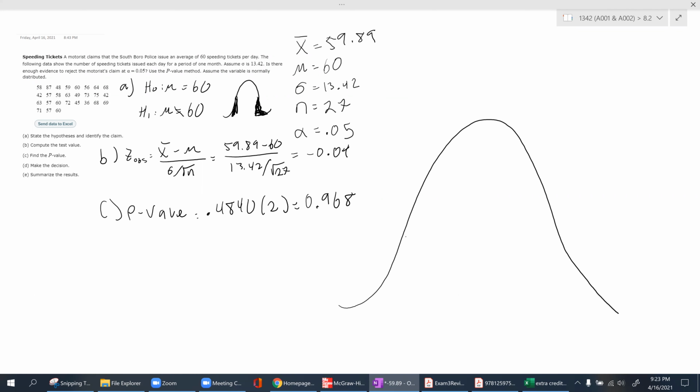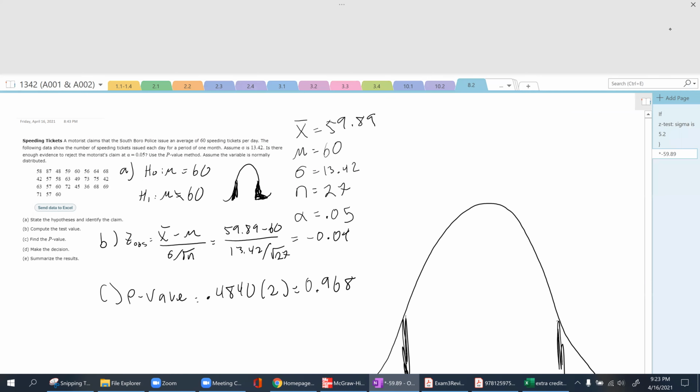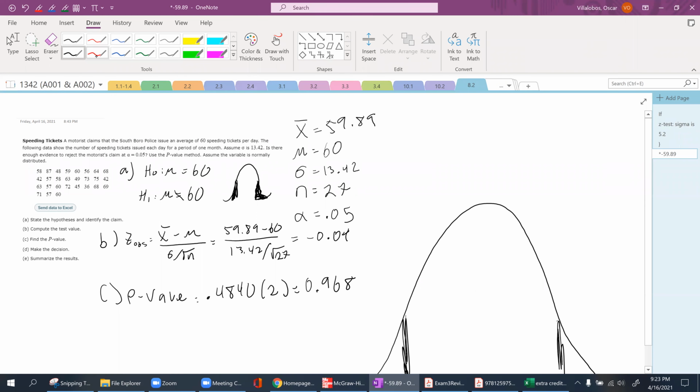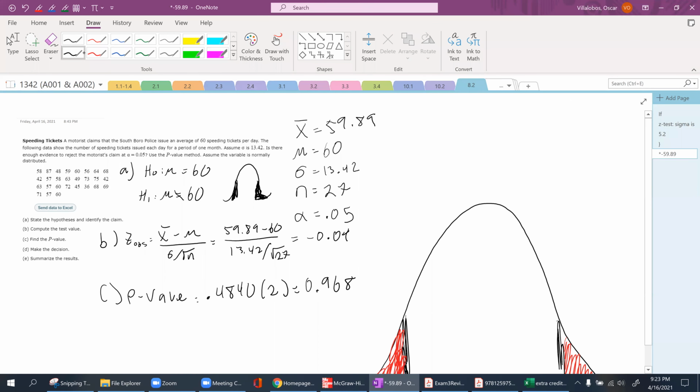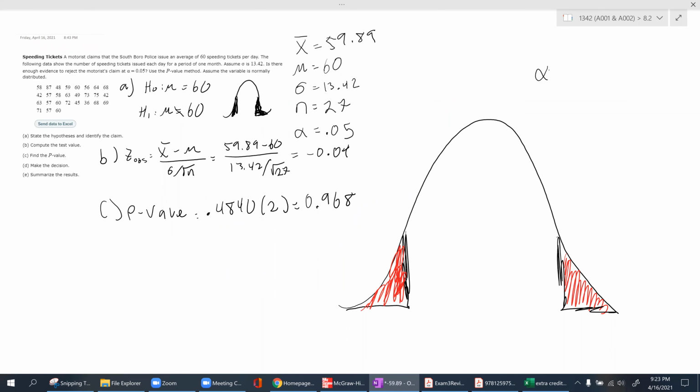I know something about the area under this curve, the probability under the curve. What determines this is alpha. If your alpha is 0.05 and I'm dealing with a two-tailed test, then the total area would be 0.05 for both of these together.